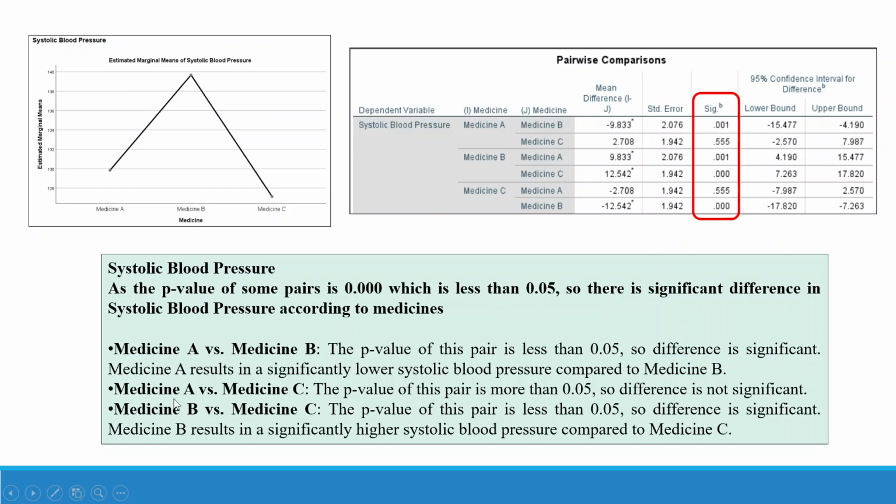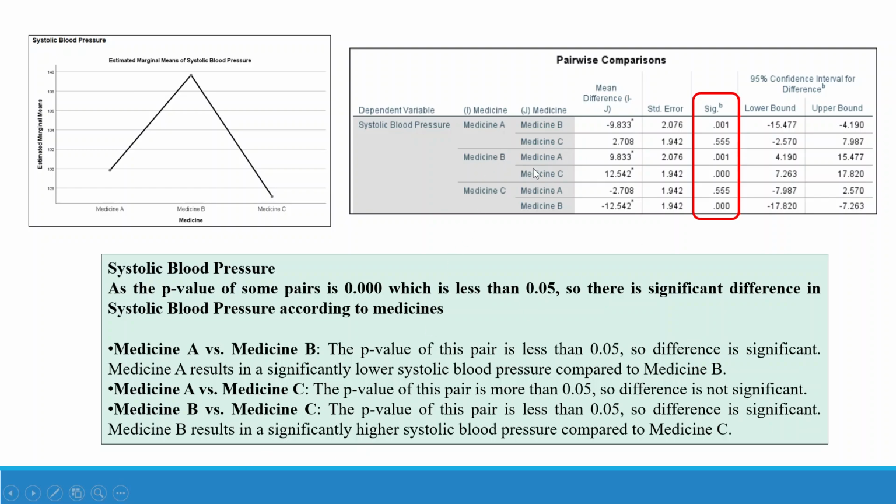Medicine A results in a significantly lower systolic blood pressure compared to medicine B. How much is it less? Minus 9.833. A with C, the p-value of this pair is more than 0.05, so the difference is not significant.